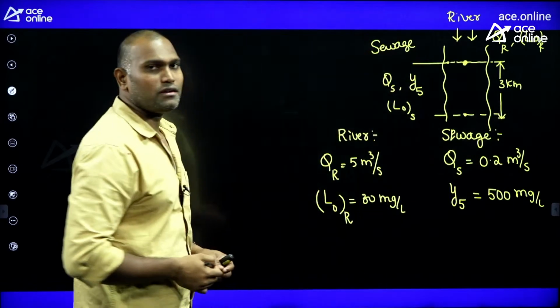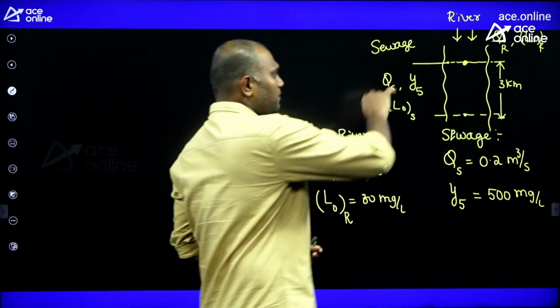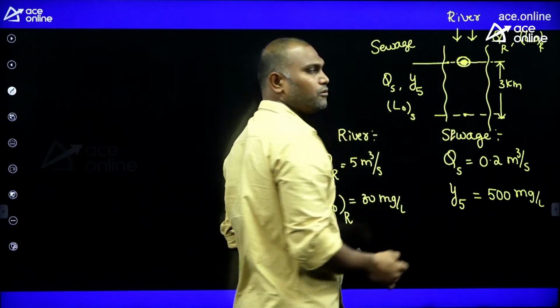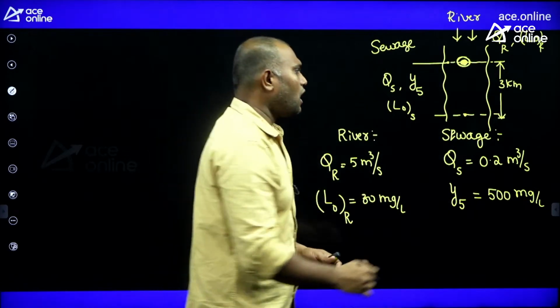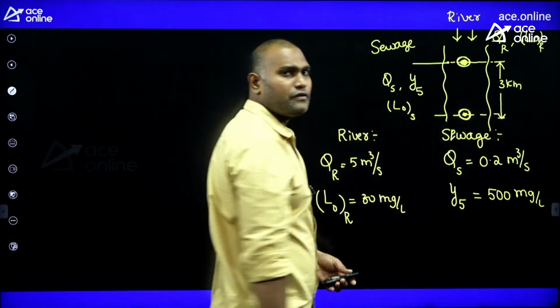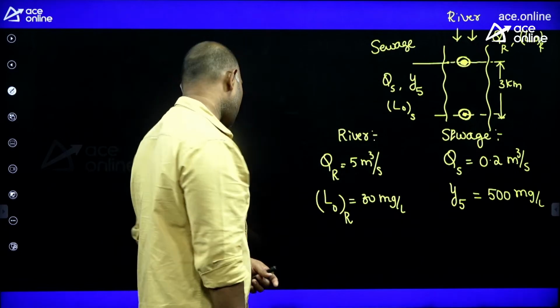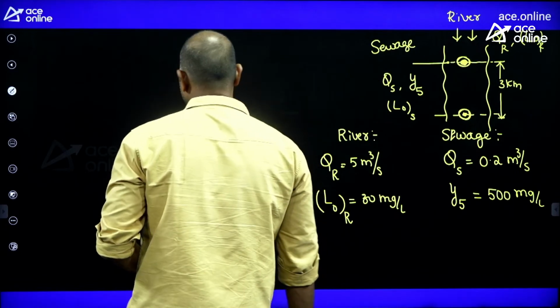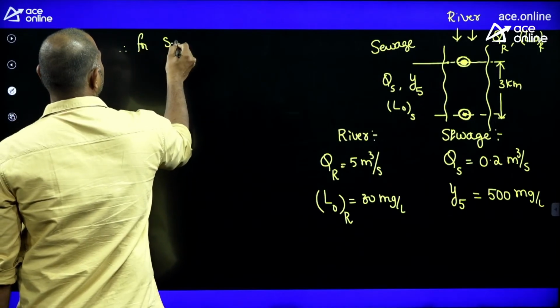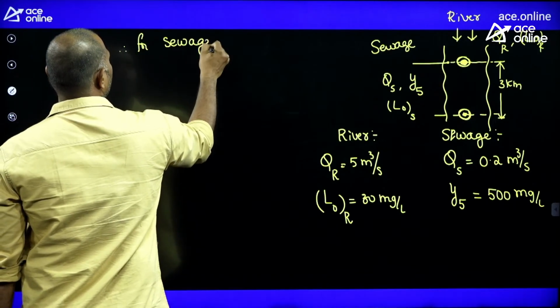First of all, we need to find out when they mix, what is the ultimate BOD. If I know the ultimate BOD, then I can find out how much BOD remained at a distance of 3 kilometers. So now let's see. First of all, you find out for sewage what is the ultimate BOD.